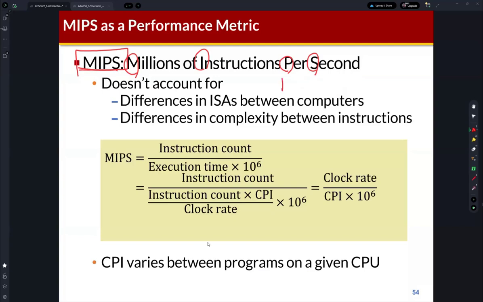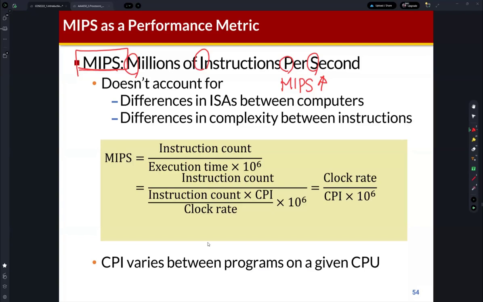Intuitively, if the MIPS is high, what does it mean? This computer will execute more instructions in the same time.